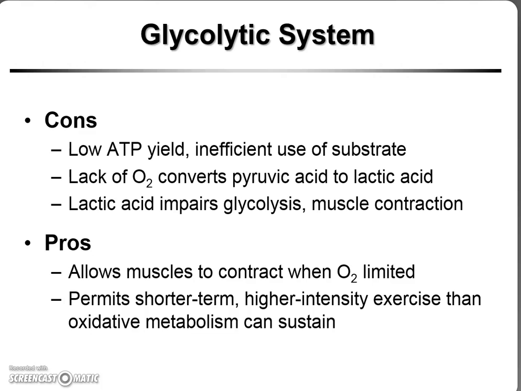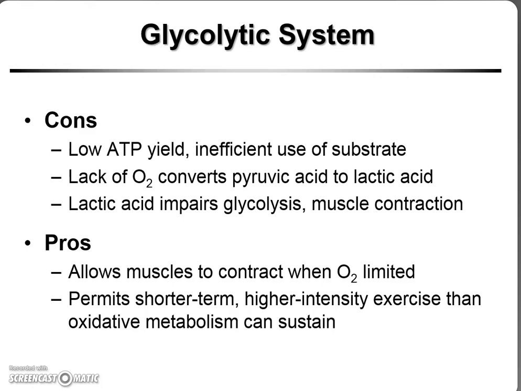Now, this is an anaerobic system, and I guess the biggest negative here is that it does produce a byproduct of lactic acid. This lactic acid, as you know, gets in our bloodstream, lowers the pH level, makes our body more acidic, and we generally know it's a problem with intensity of exercise.